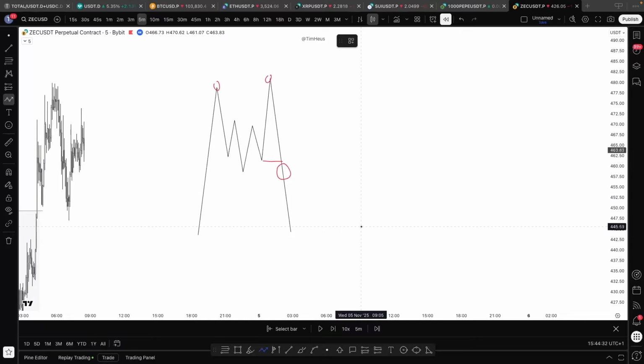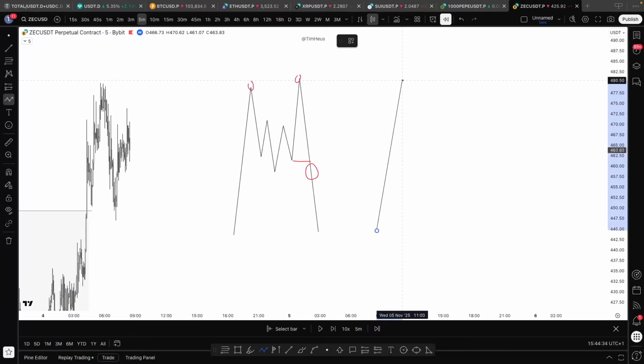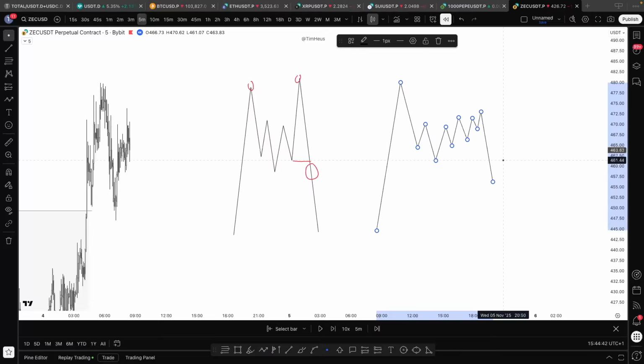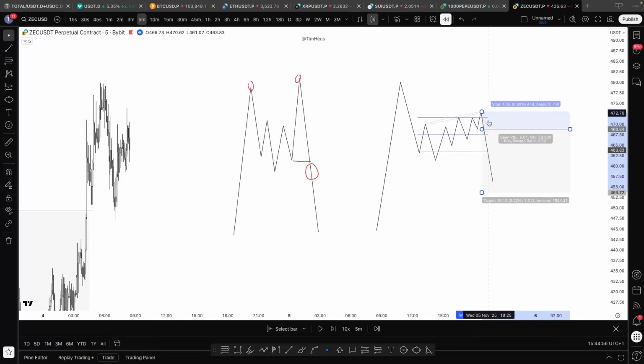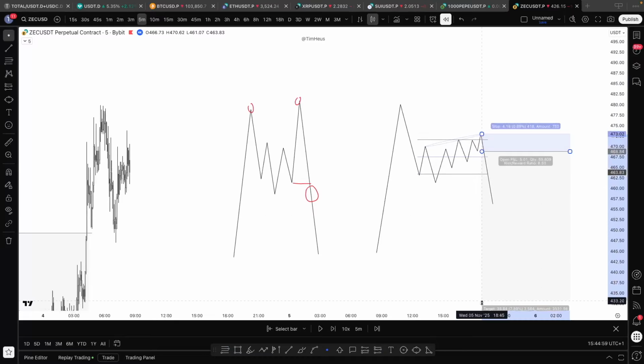The second thing that can happen is that you have your tap 1, and then you have an internal distribution schematic with your 1, 2, 3, and boom, the range low was already taken out on this. So you can trade this like a normal PO3. You will enter right here on the break of structure, and you will target the range all the way to the range low.